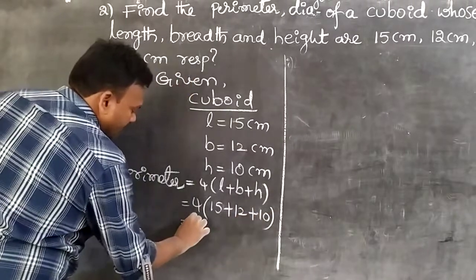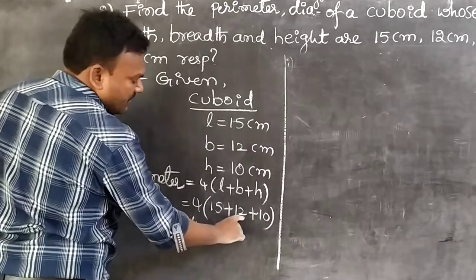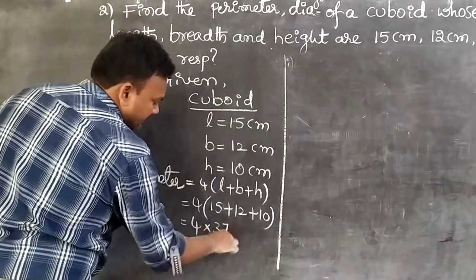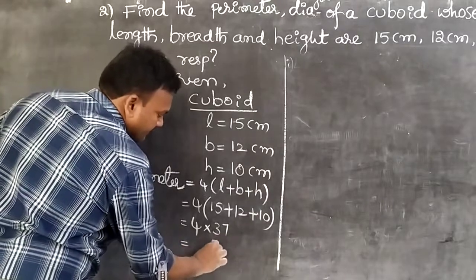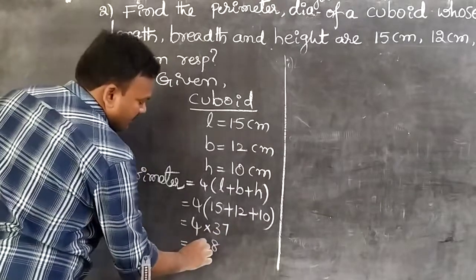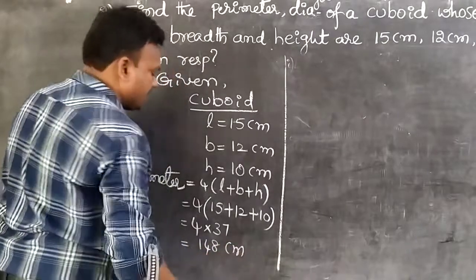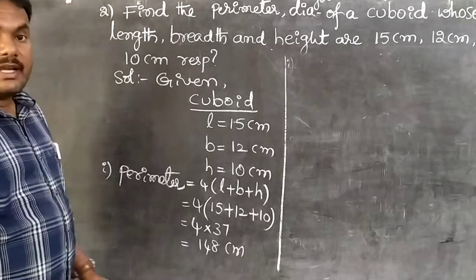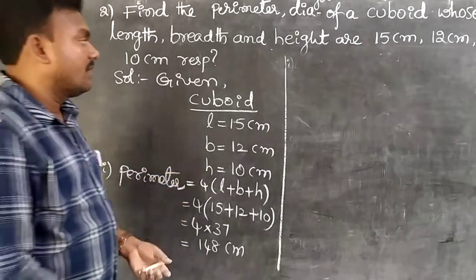It becomes 4 into 15 plus 12, 27, 27 plus 10, 37. 4 7s are 28, 4 3s are 12, 148 centimeters. So perimeter is also completed, students. Then we go for diagonal.